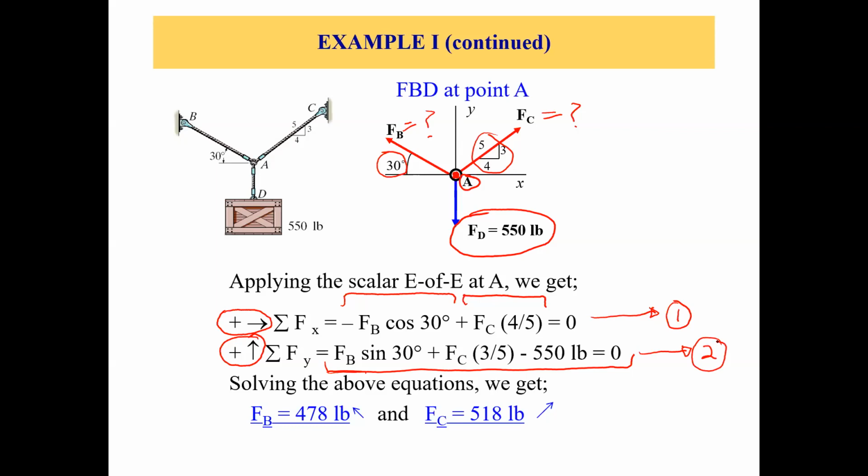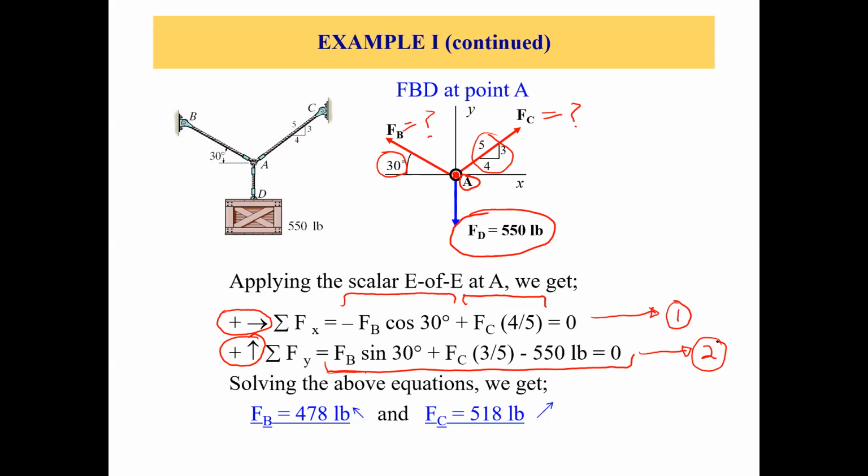Now we can solve these two equations to get the value of these unknowns. We have two equations and two unknowns, FB and FC. By solving these two equations we can find the values of FB and FC.